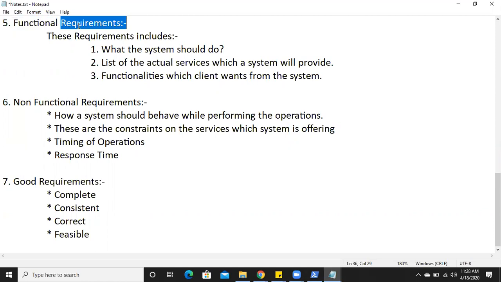If I tell you very straightforwardly, these are the actual functionalities which a user wants from a system. Take the example of a system: a user came to us and said, I want to develop a system where you can make friends by sending requests.